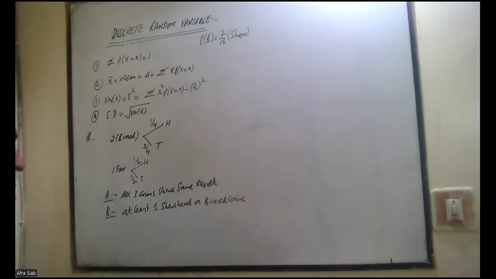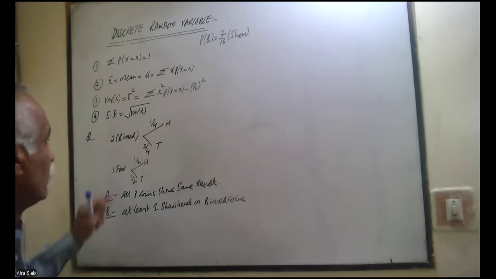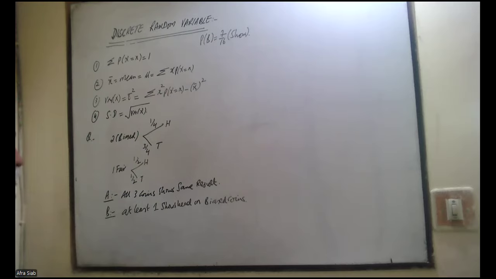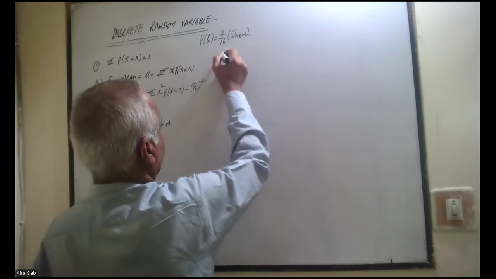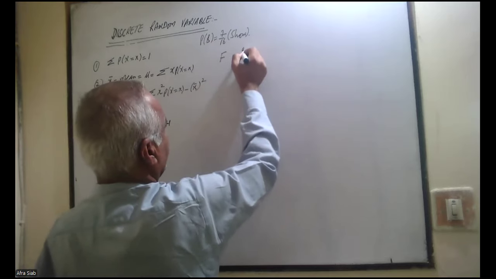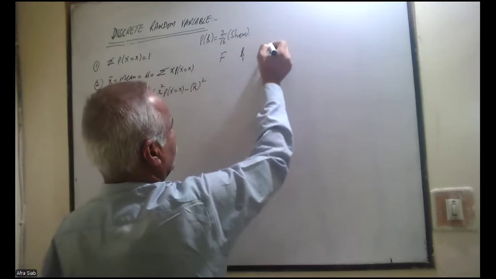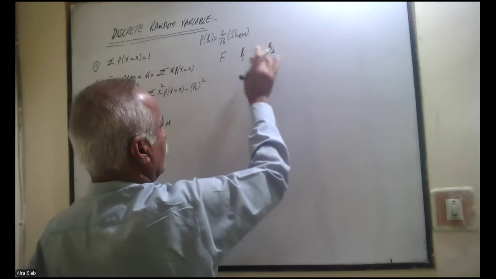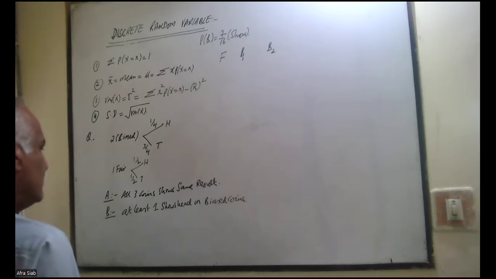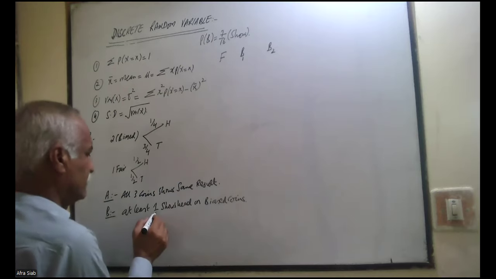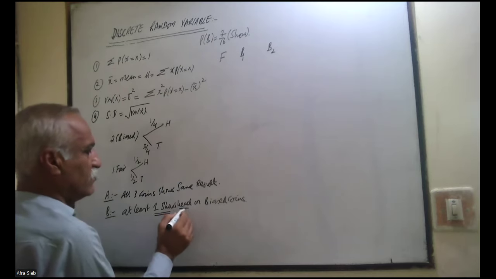Now we know that there are two classifications of the coins. Two are biased and one is fair. So you can make this classification as fair, biased one and biased two. There are two biased coins and one fair coin there. And now at least one shows a head on the biased coins.